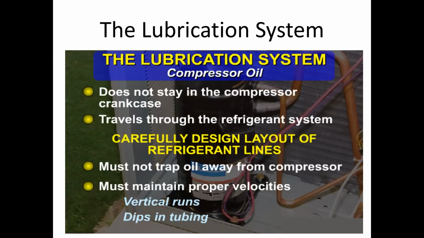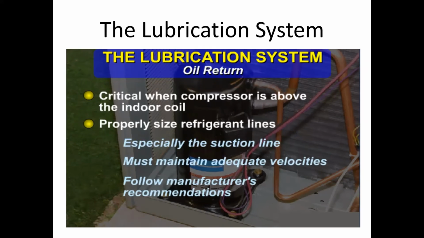So I just sort of talked about all this, right? The oil travels through the refrigerant system, and the velocity of the refrigerant is what's pulling that oil back. It's even more critical when the compressor is above the indoor coil.